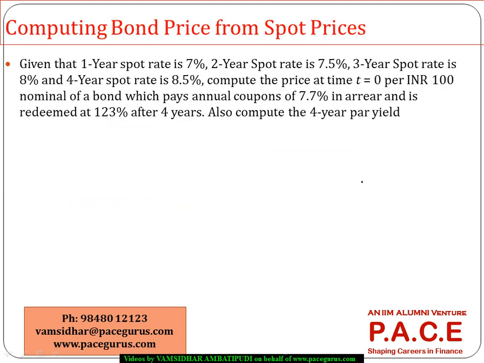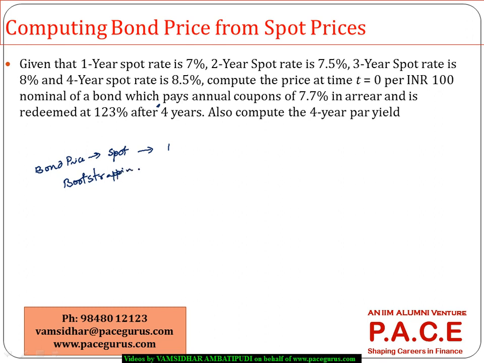Now we can see how do we compute the bond price given the spot price. We have seen the mechanisms of how to compute the spot price from the bond price, typically through a mechanism of bootstrapping.